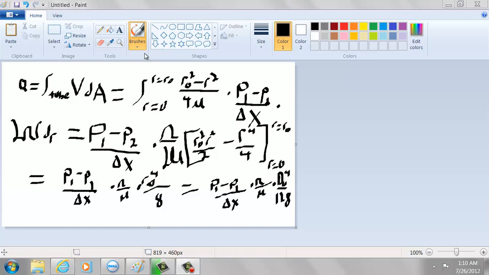This integral here is equal to the integral of (r naught squared minus r squared) over 4 mu multiplied by the pressure gradient, (p sub 1 minus p sub 2) over delta x, multiplied by 2 pi r dr, which is the circumference.